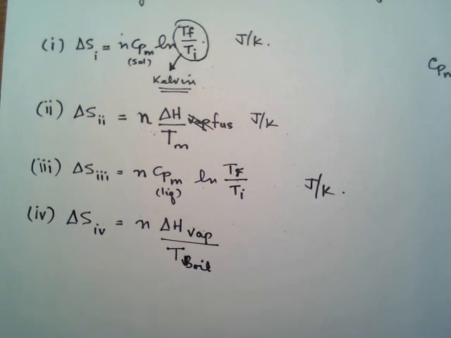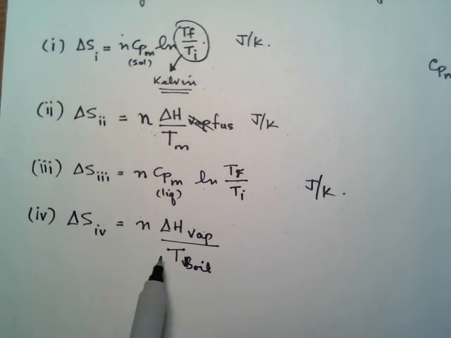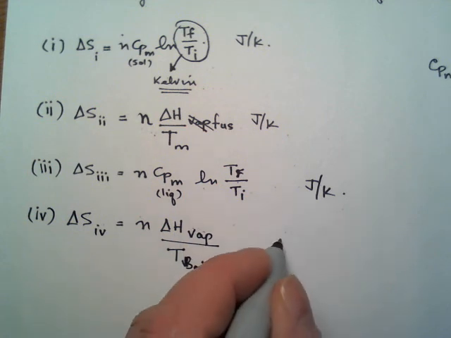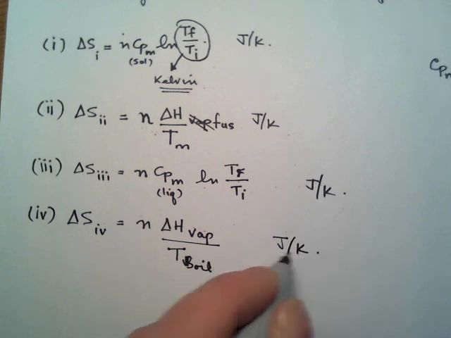I was going to put T vap, but it's boiling temperature. So the boiling temperature, we want to input that as 373, our molar heat of vaporization, and then the number of moles, so that moles cancel, and I get an answer in units of joule per Kelvin.